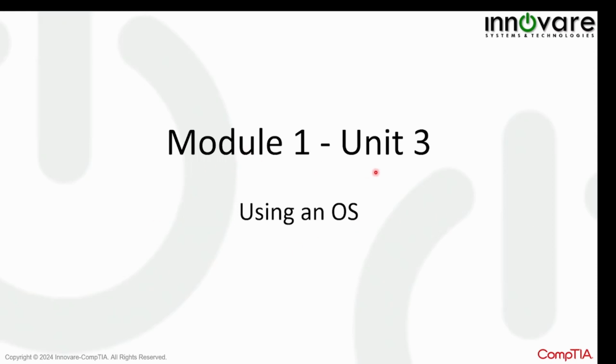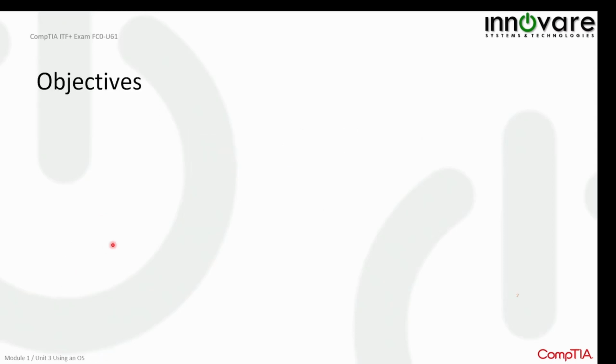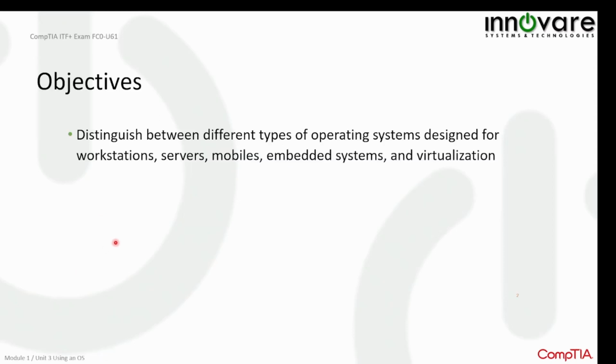Module 1, Unit 1, using an OS. In this unit, our objective is to distinguish between different types of operating systems designed for different kinds of computers, from workstations, servers, mobiles, including embedded systems and virtualization.